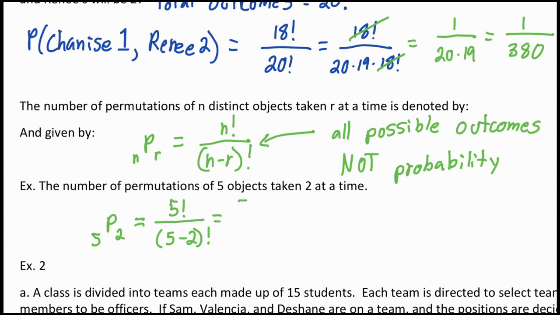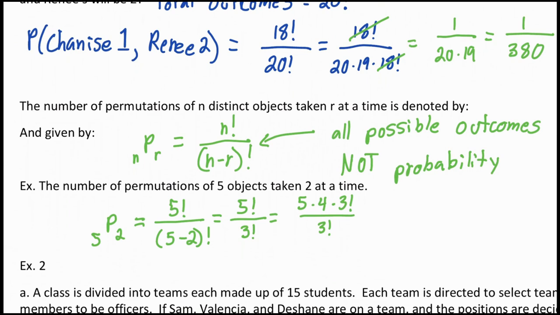So this is going to be 5 factorial over what? 3 factorial. And again, do we understand that I can write this 5 factorial? I want to rewrite it so that I could get the 3 factorial to cancel, right? So I can write that as 5 times 4 times 3 factorial.